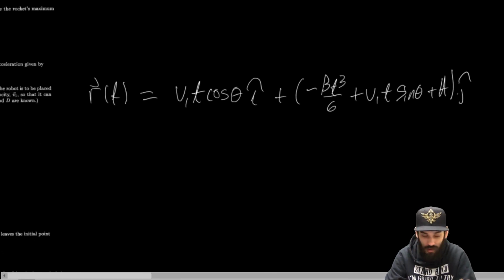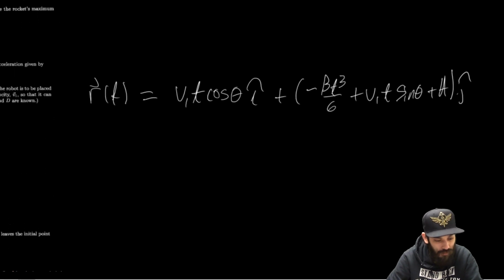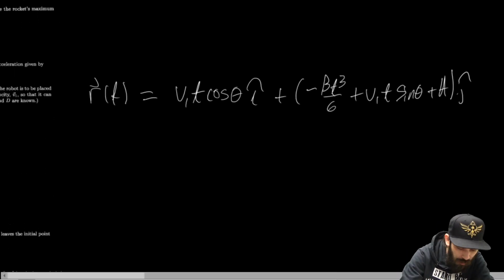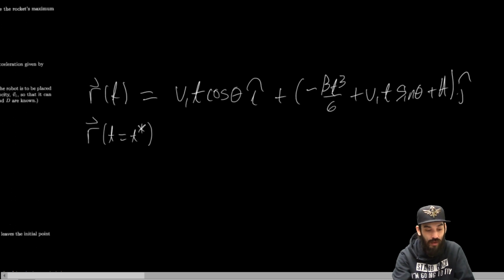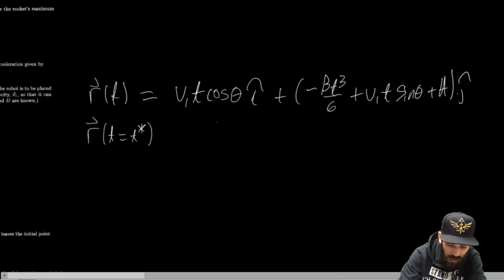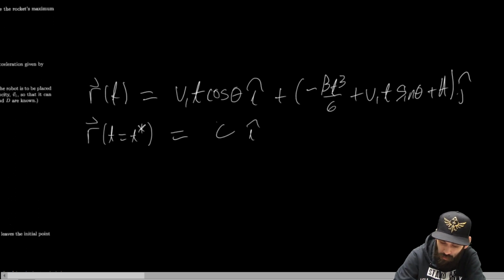This one's pretty quick, actually. All we want to do is say that there is some special time when we evaluate this position function that I'm going to call t star. So at this special time, the robot's position is just going to be c i hat plus d j hat.